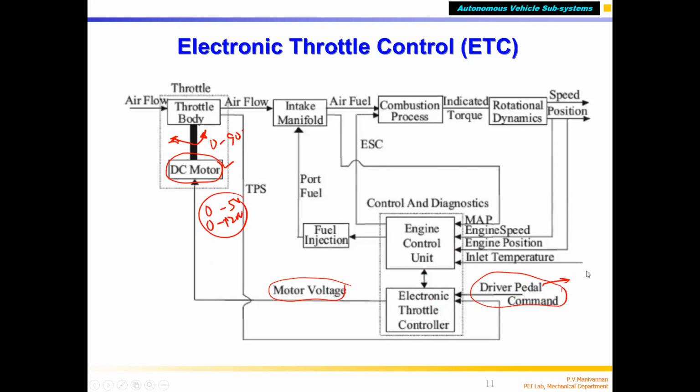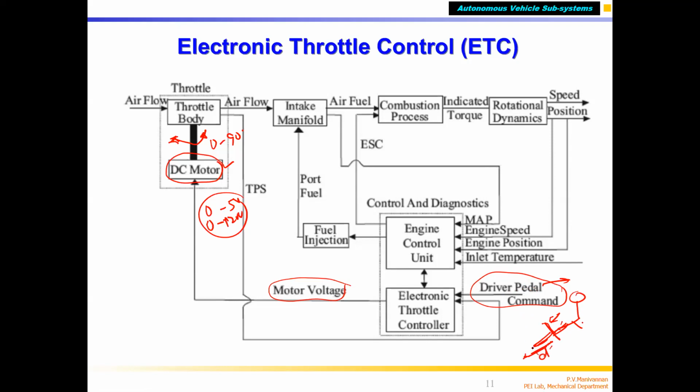The driver also has a sensor which measures how much the throttle pedal is pressed. You can have a linear sensor also. This is the throttle pedal, and the driver presses it with the leg, applying force.